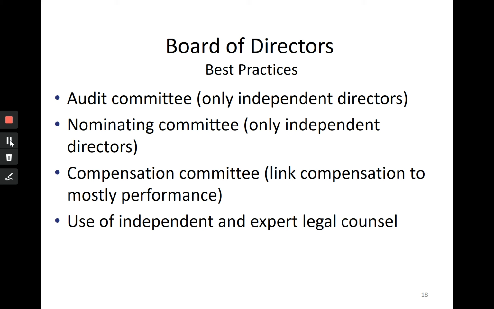Compensation committee decides the pay for top managers, especially chief executive officers, and it's important to see if this compensation committee has procedures to tie performance to pay, and not give raises when the corporation is underperforming. And of course, use of independent and legal counsel is important for a board.